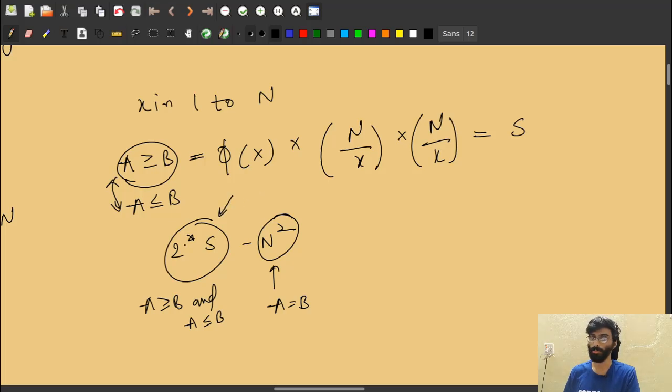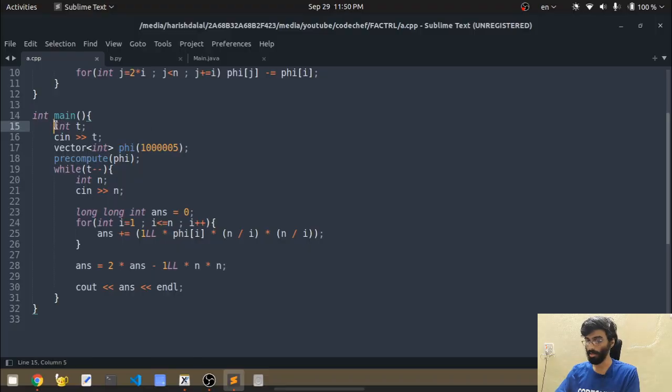Now let's jump to the coding part. So I am taking t test cases and creating a vector phi which will be storing the phi from 1 to n, where the max n here is 10 power 6. So I am pre-computing my phis, as I have already told.